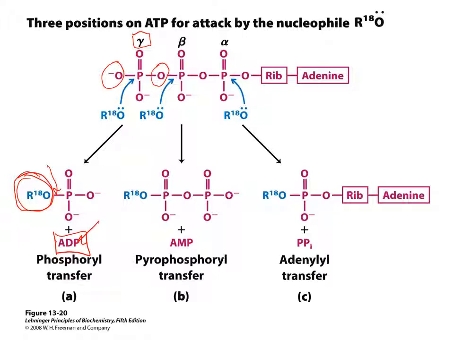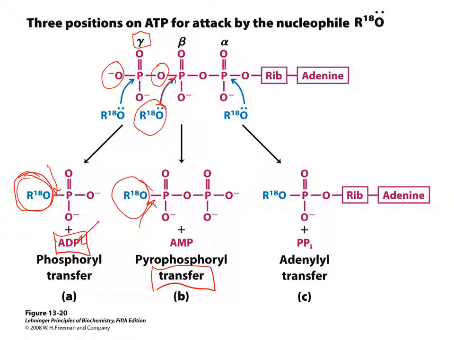In the same way, the nucleophilic attack onto the beta phosphate results in pyrophosphoryl group generation, and again, the nucleophile is actually being connected to the pyrophosphate. Therefore, we actually transfer the pyrophosphate from ATP onto the nucleophile.